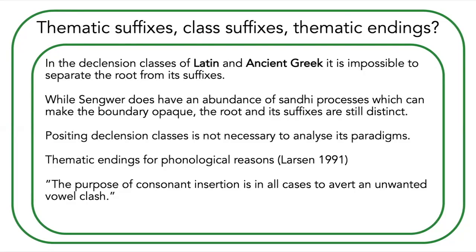The other term that is used is thematic endings, which Larsen uses, and he explains it as something that happens for phonological reasons to avoid hiatus. So he doesn't think that they are suffixes, but rather that they are epenthetic elements that are inserted to avoid vowel clash.